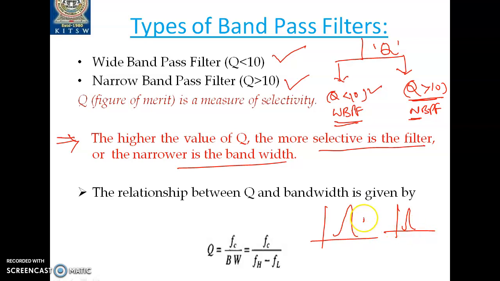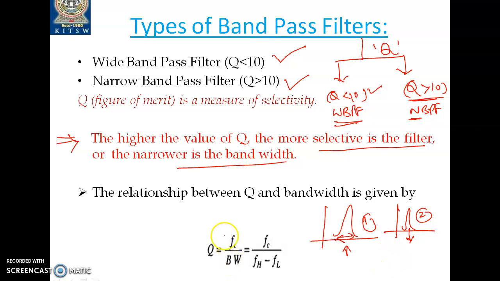Comparing the frequency responses of figures 1 and 2, here the bandwidth will be more, but here the bandwidth will be less. That depends upon the situation of an application.